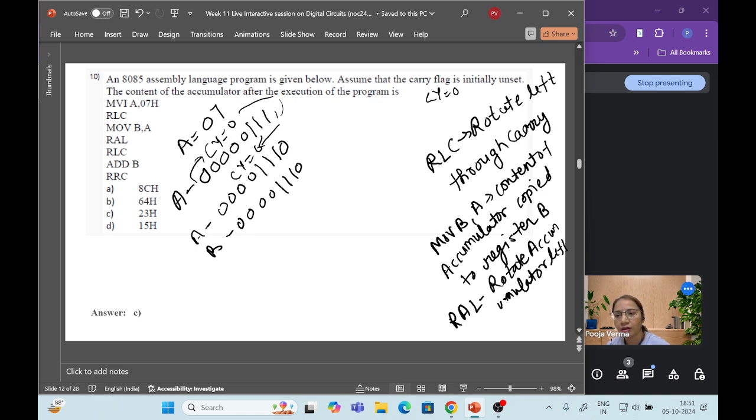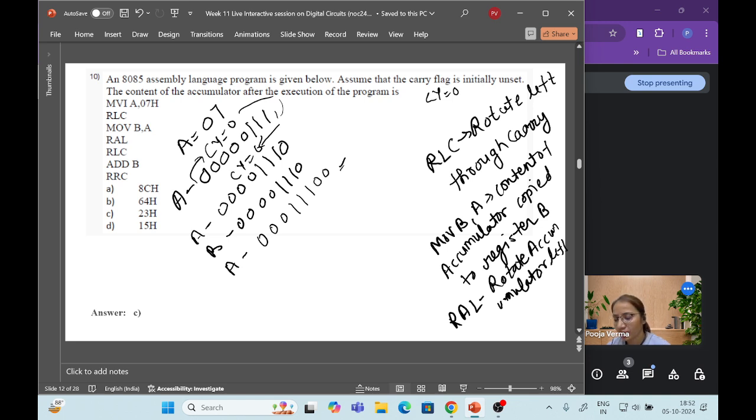So again rotate the accumulator. What will be the content in the accumulator? That is 0 0 0 1 1 1 0 0. The new content in the accumulator will be this one.